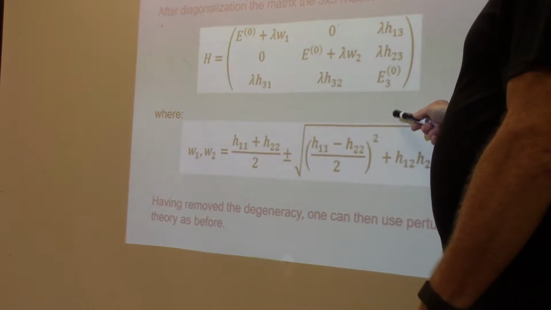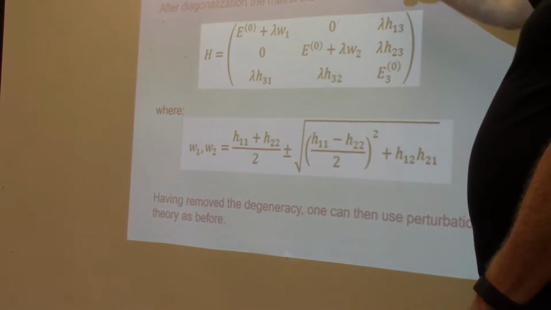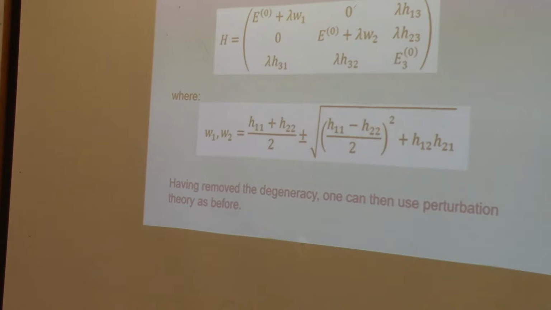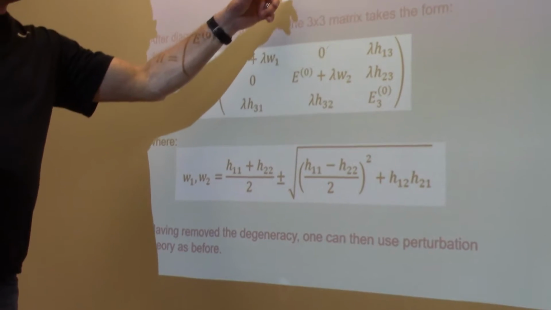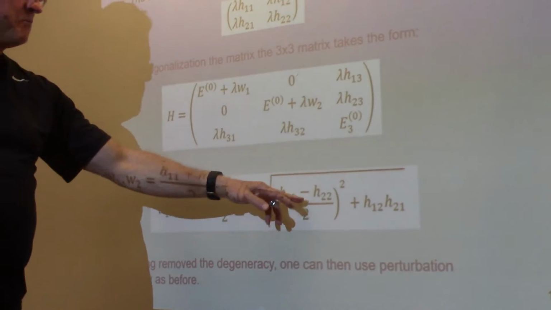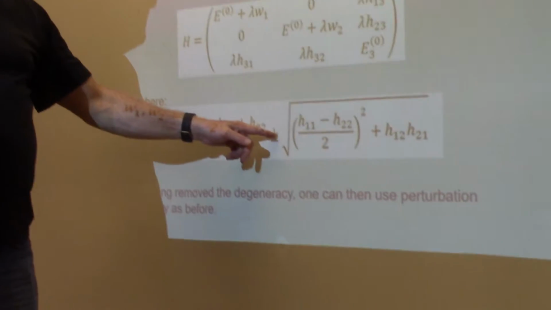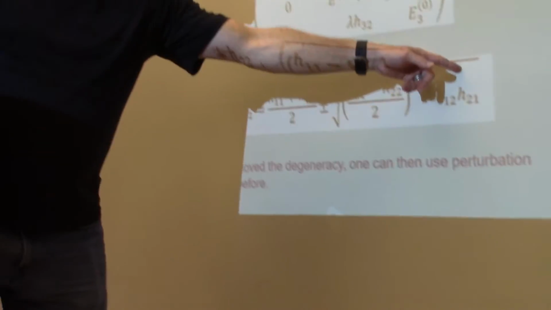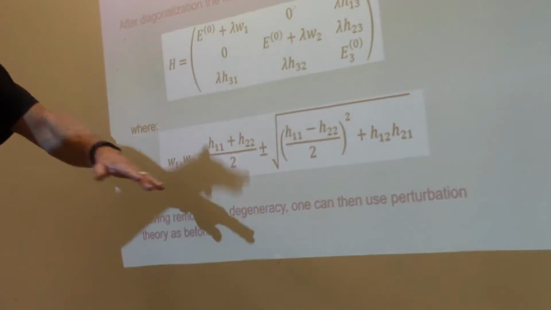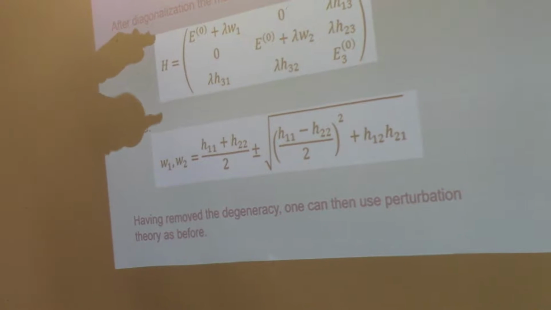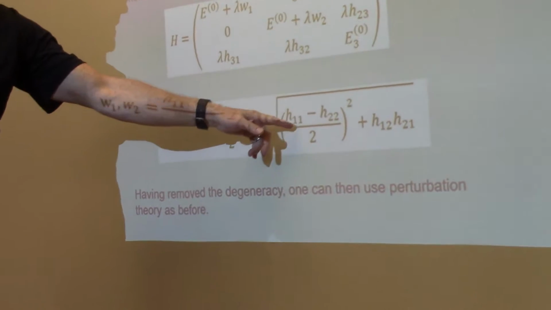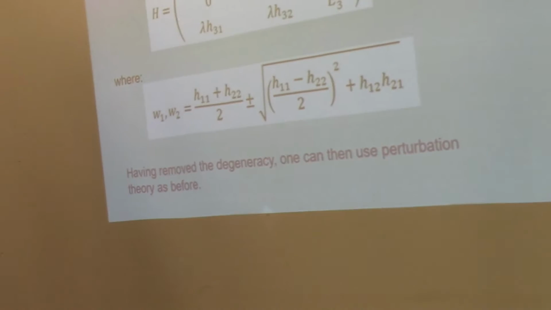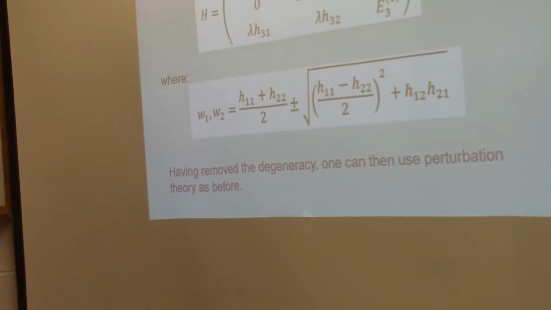The idea is you diagonalize whatever size matrix is needed, because hopefully when you put in these off-diagonal terms and diagonalize, it breaks the degeneracy. Because you have a plus or minus, if this is non-zero, you'll have one energy level shifted up a little bit from the original one, and another shifted down a little bit as well.